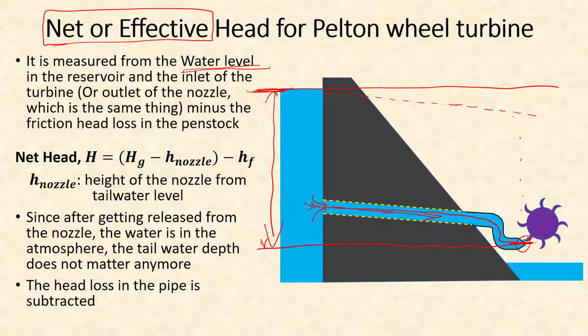So the effective head will be only this much instead of this whole amount. So this is our net or effective head in case of a Pelton wheel turbine. As we can see, it is given as the gross head, which is the difference between the tail water and the head water, in this case, this amount.